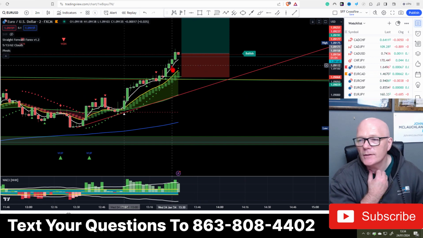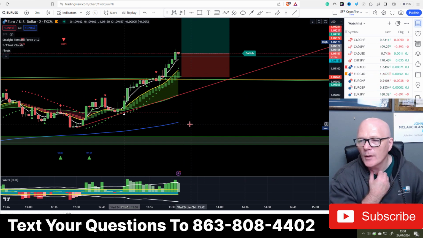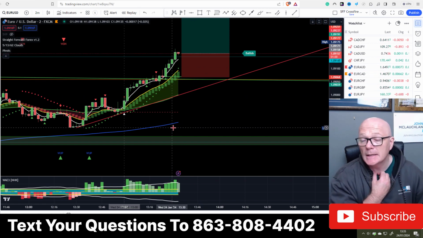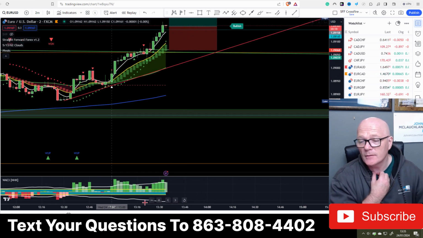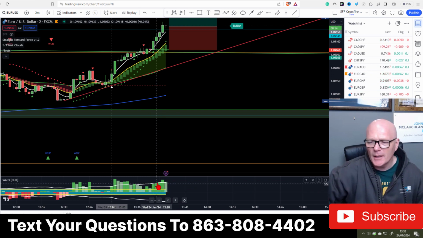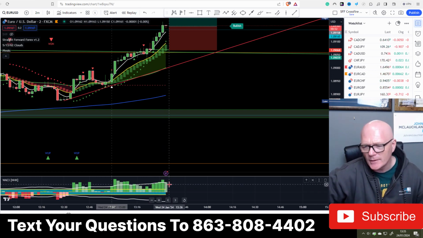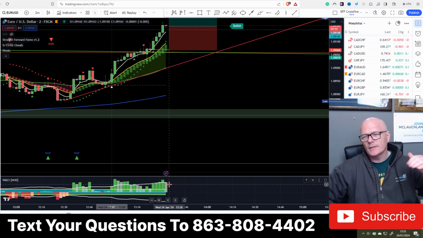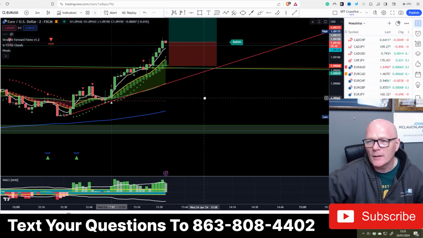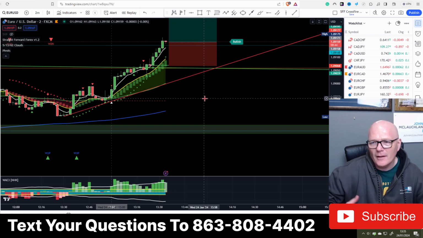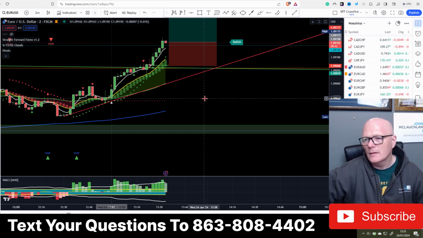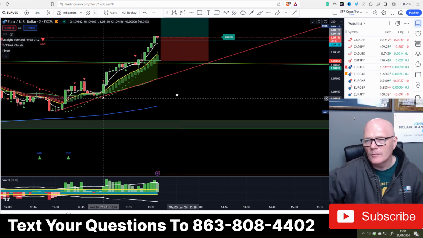The moving averages are in order, and they're pointing in the right direction. The explosion line is now starting to move back towards the dead zone. It's kind of hooking over like this. And look at price. What's happened to price? It's just stopped. It's not doing anything.